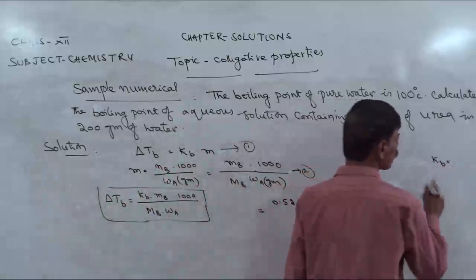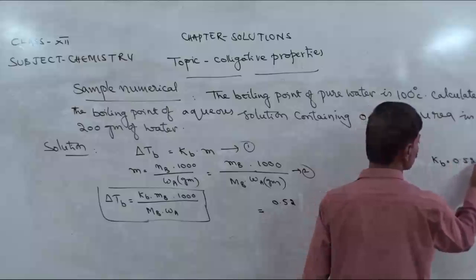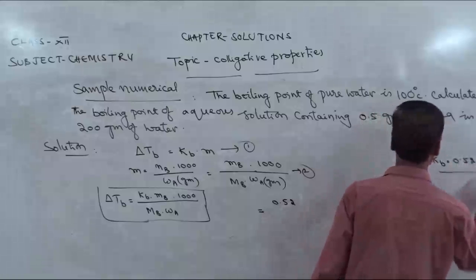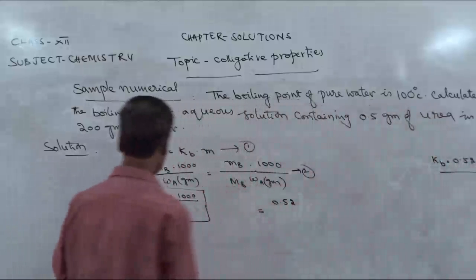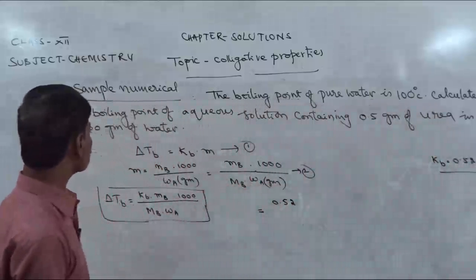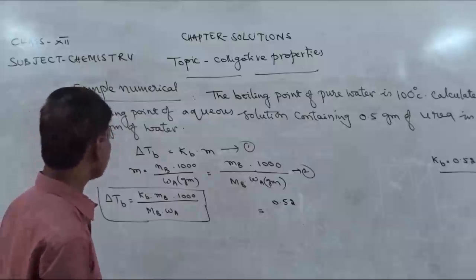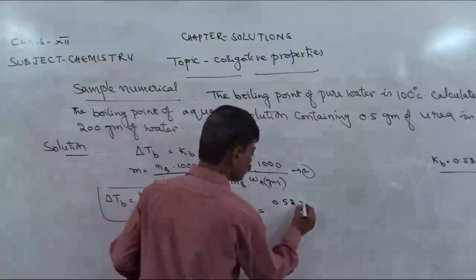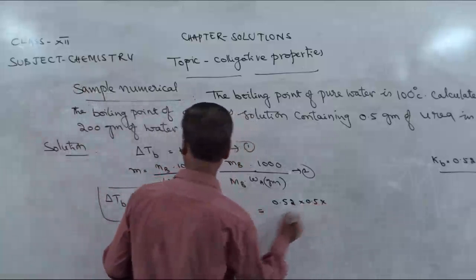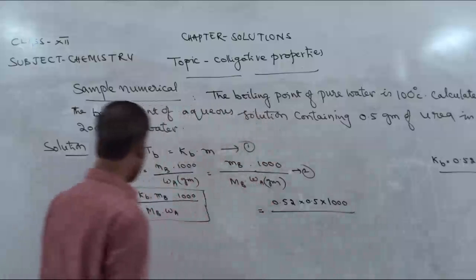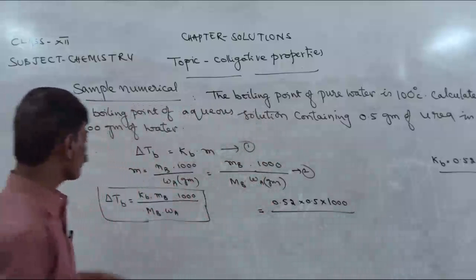So Kb value is known, and the mass of the solute is 0.5 grams of urea, multiplied by 1000, divided by molar mass of solute.